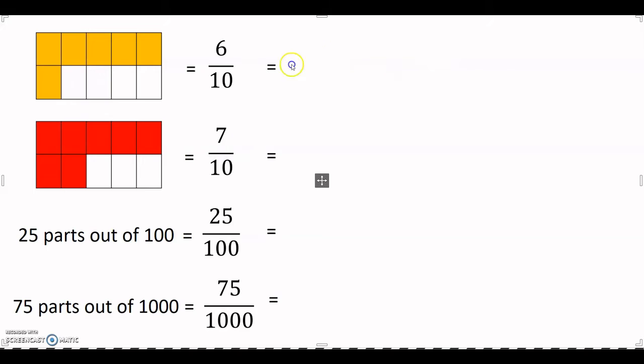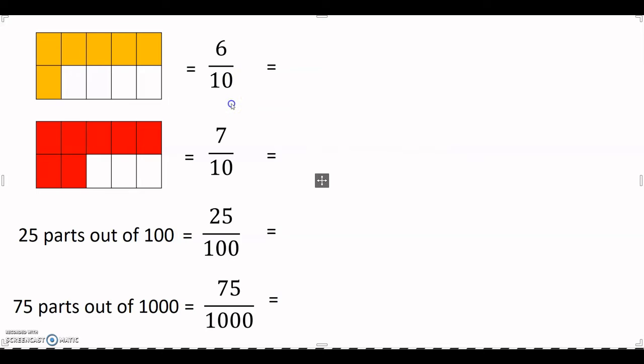Here we have the decimal fraction. For example, number 1, we have 6 boxes shaded out of 10. As you notice, we have denominators of 10, 100, and 1000. That's why they are called decimal fractions.